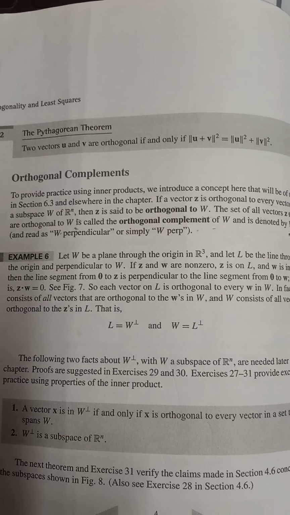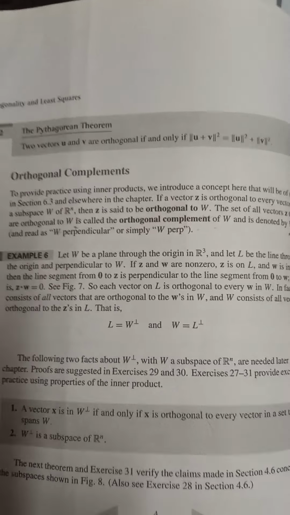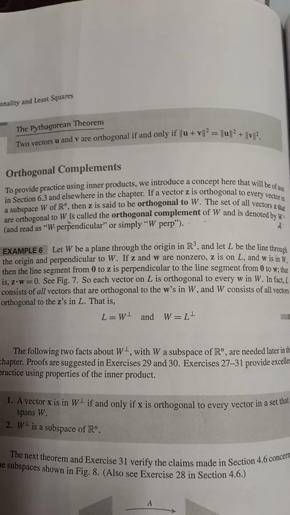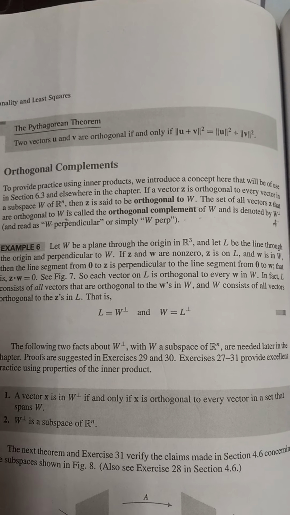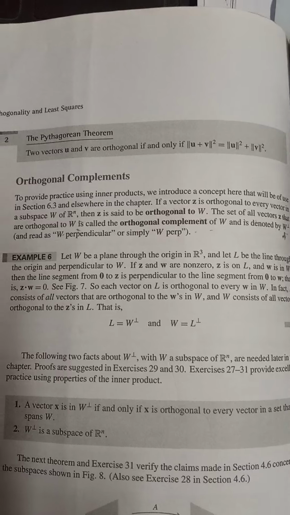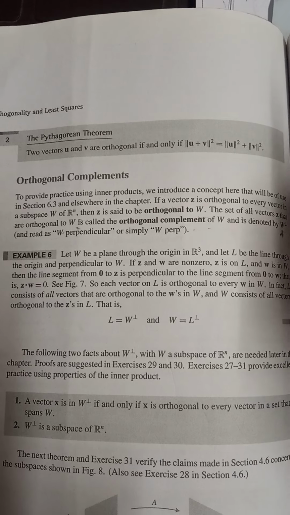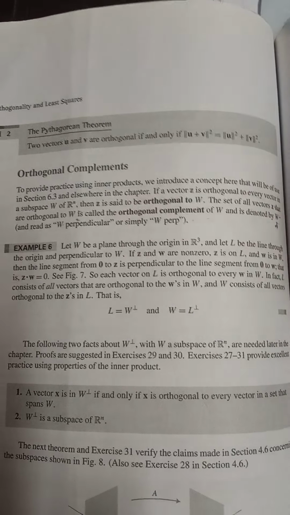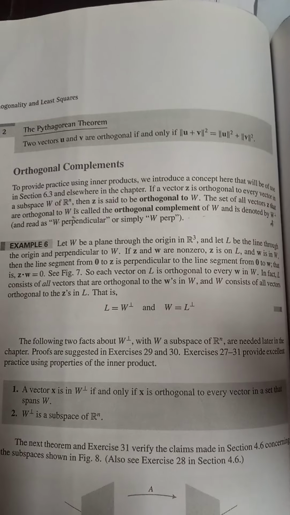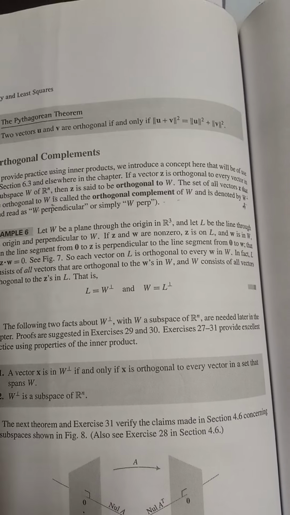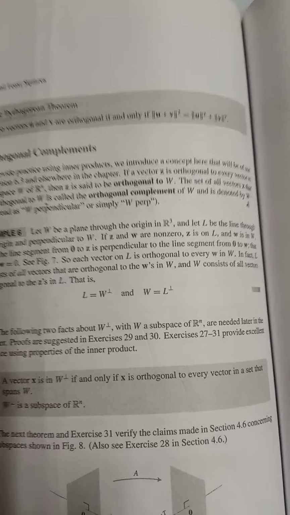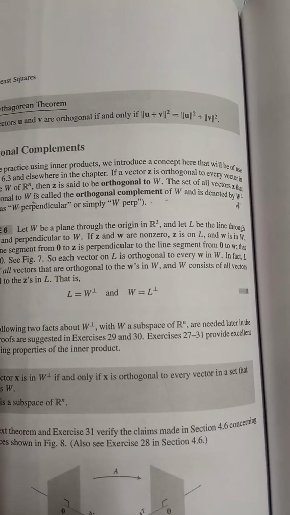Now we have to collect such vectors from R power n, where R power n is a vector space, which are orthogonal to every vector of W. What is W? Subspace of R power n. That collection of vectors which are orthogonal to every vector of W is called orthogonal complement.